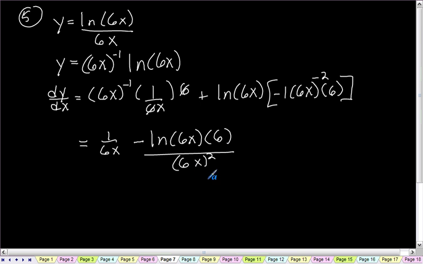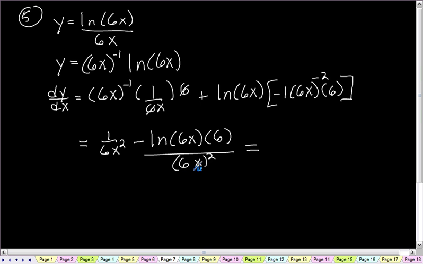We can do a little bit more simplification here. If I try to combine these two, this and this I can't combine because this is a 6x. Oh wait, when I multiply it here, 6 cancel out. This is actually 6 times 6, so this is 6x squared on the bottom.